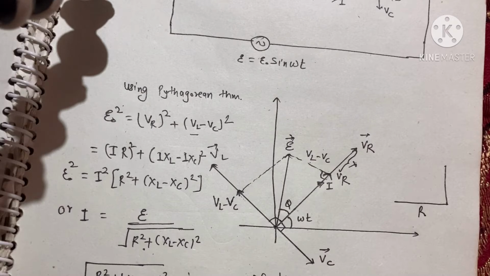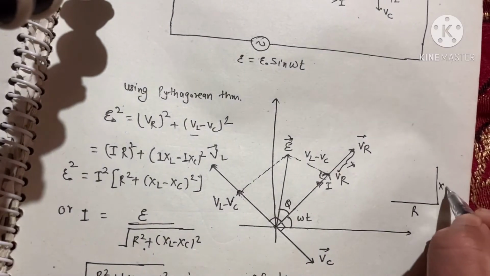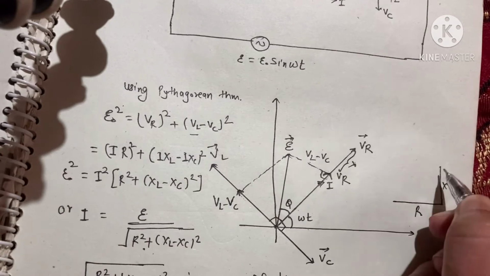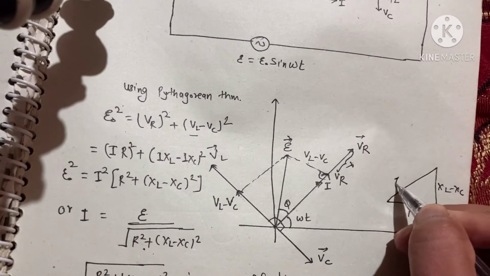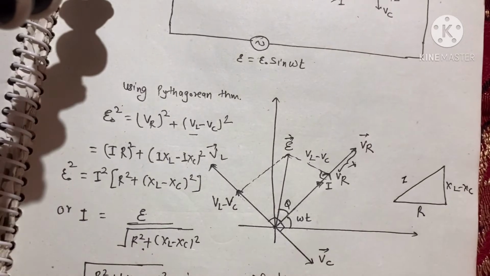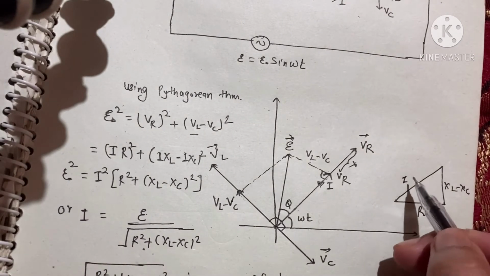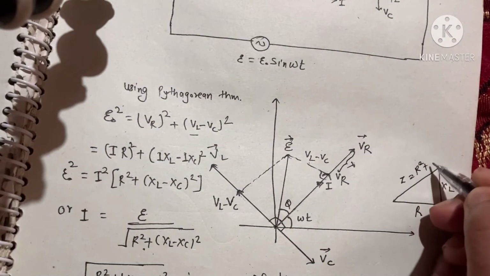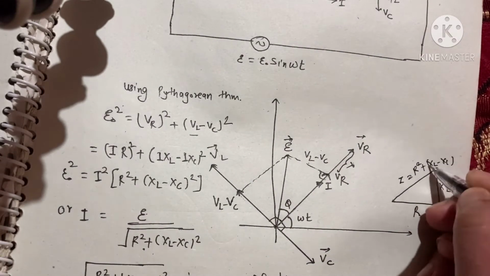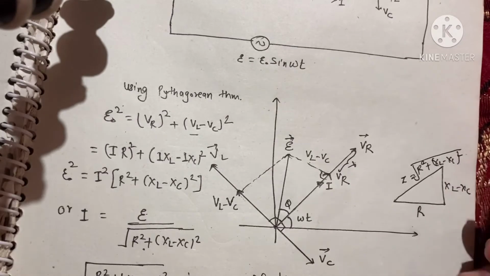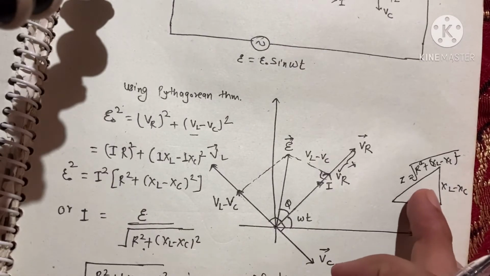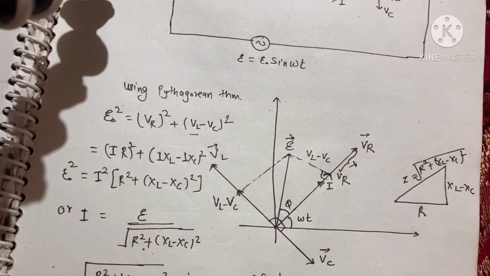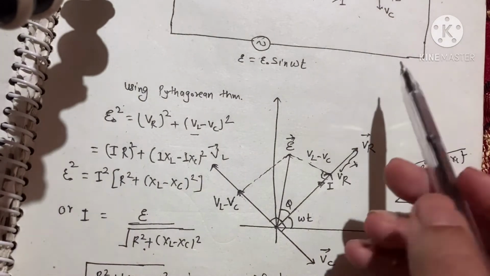The resultant of these two is Z, which is your impedance. Z is equal to the square root of R squared plus (XL minus XC) the whole squared. This is very important, and we will discuss this topic further. So this is about the series LCR circuit and phasor diagram, and you have to remember this phase relation.